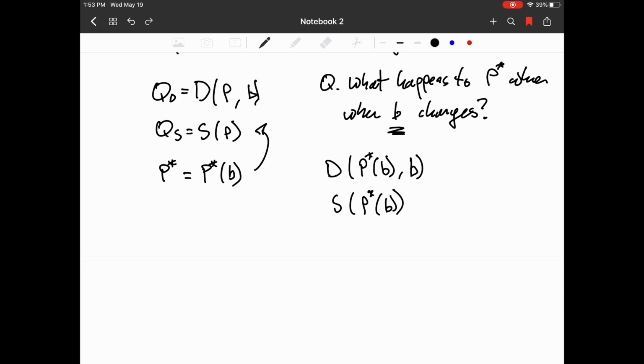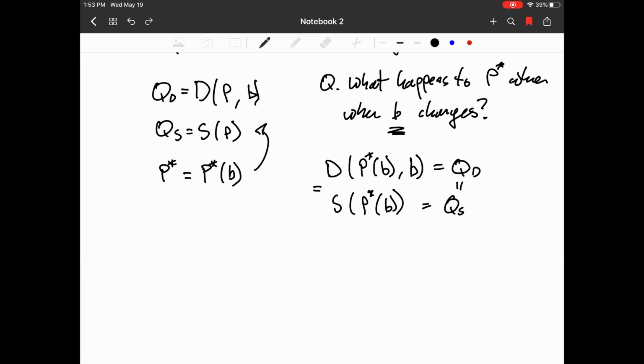So to do this, we have to differentiate both sides of our equilibrium condition, where we set quantity supplied equal to quantity demanded. QD and QS are equal. We have to differentiate both sides of this relationship with respect to b.